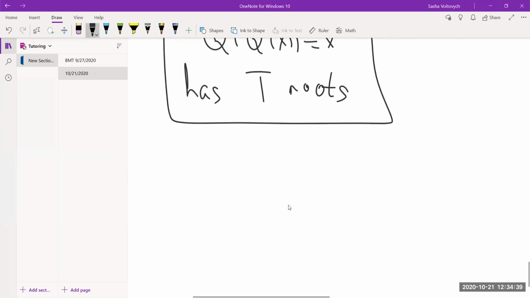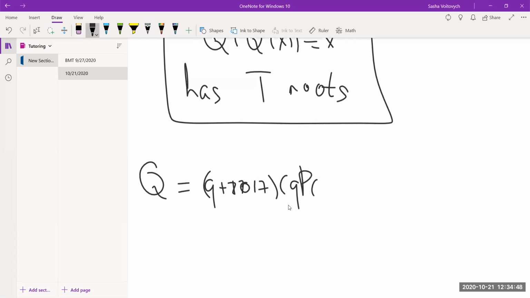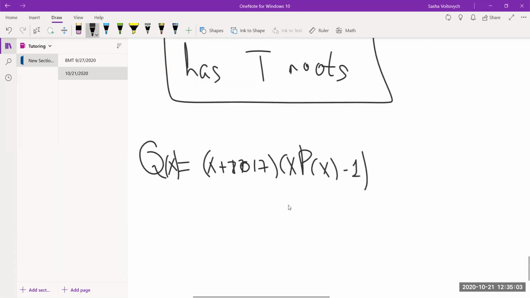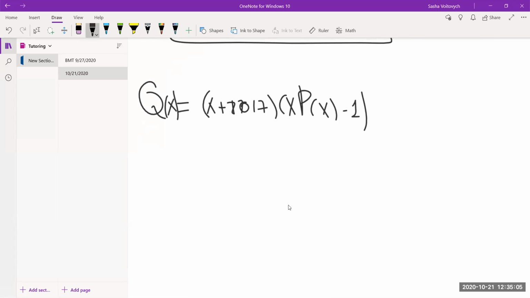Since q of x is equal to x plus 2017 x p of x minus 1, then since p of x is non-zero, the degree of q would be at least 2.